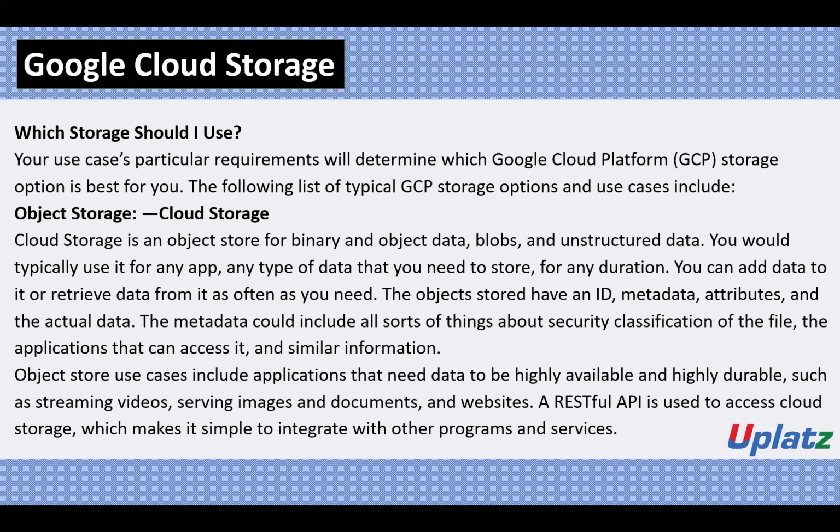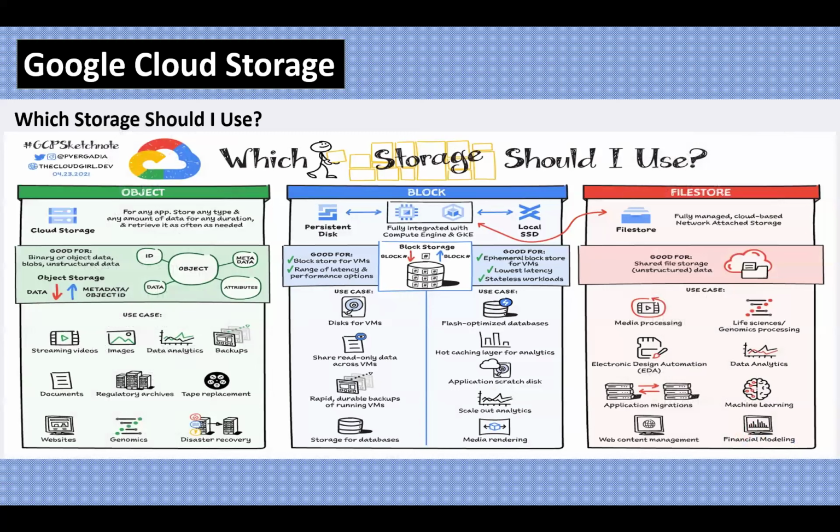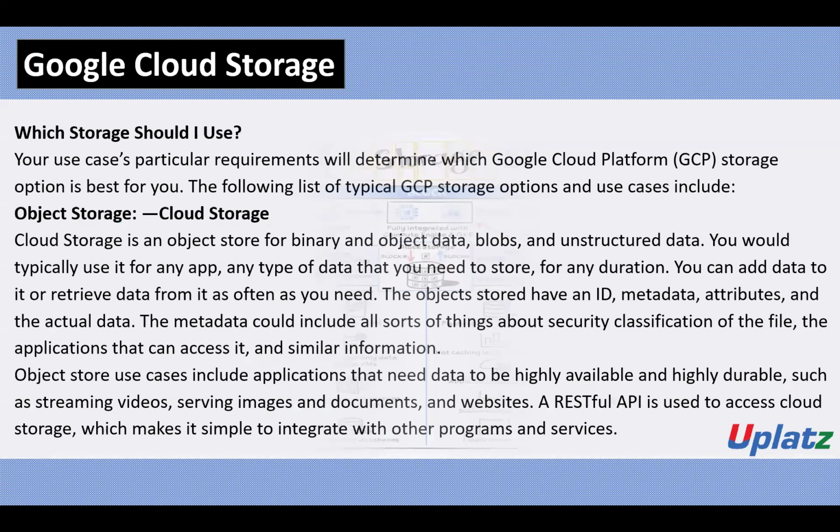A RESTful API is used to access Cloud Storage, which makes it simple to integrate with other programs and services. Got it? So you can see the use cases for object storage and Cloud Storage. So what is Cloud Storage? Cloud Storage is an object store for binary and object data, blobs, and unstructured data.